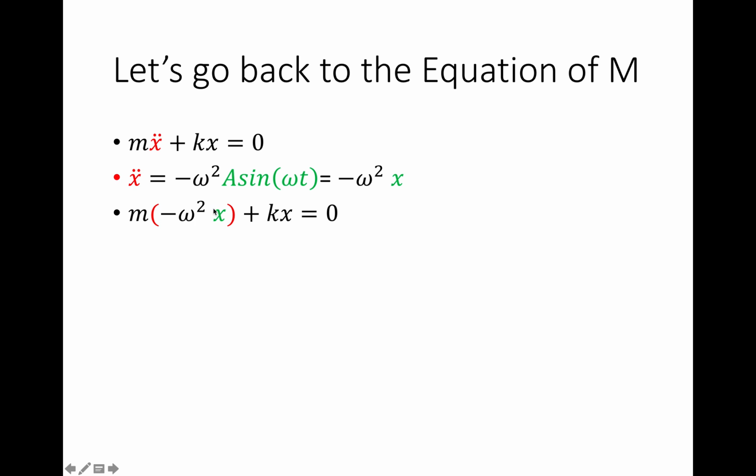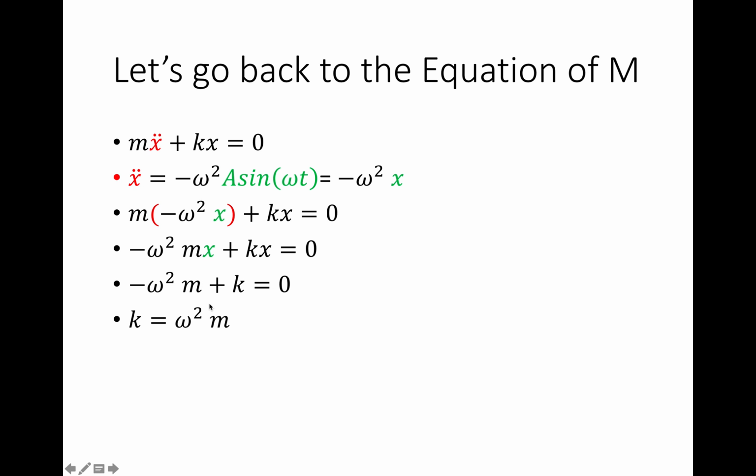We can see that x can be deleted directly because the right side of the equation is 0. Putting omega squared and m on the other side, we get k equals omega squared m. Putting m back, we get k divided by m equals omega squared. So easily we get omega equals the square root of k divided by m.